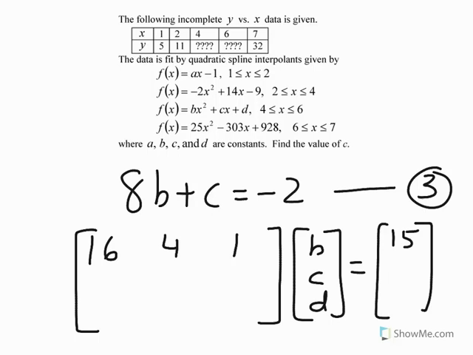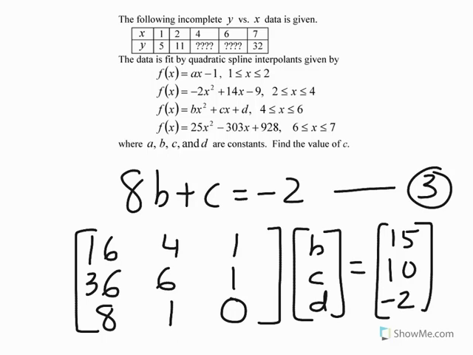The second equation, which tells me that the value of the spline at x equal to 6 is 10, will give me 36, 6, and 1, equals 10. So that's the one which is telling me that at x equals 6, the value of the spline is 10. And then I have this third equation, which will be 8 here, and 1 here, and since there is no d contribution, it will be 0, and that will be minus 2.